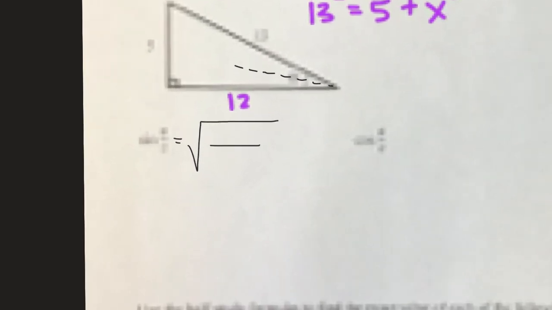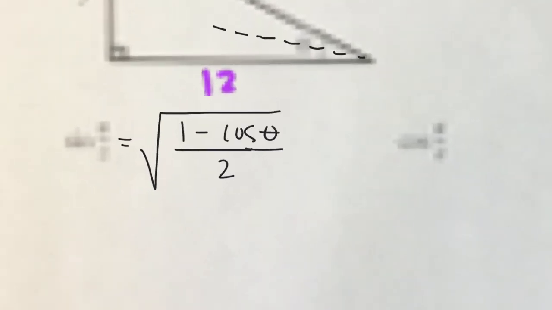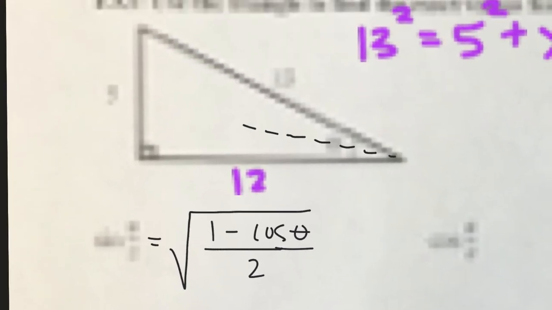Our formula for sine is the square root of 1 minus the cosine of the angle, divided by 2. So now it is our job to figure out what the cosine ratio is from our triangle.